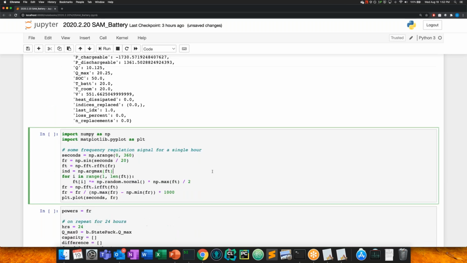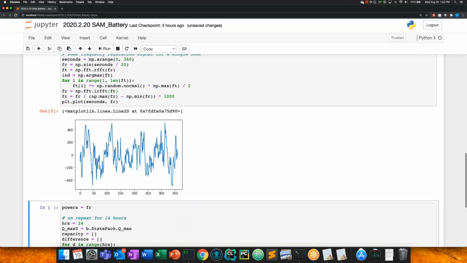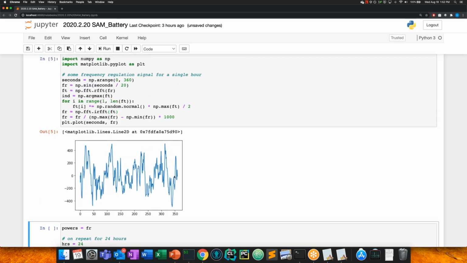So now I need to generate some frequency regulation signal for a single hour. All I did was start with a sine wave with a period of 20 seconds and add some noise to it, and then center it around 0 so that the battery charge and discharge profile is also centered around 0.